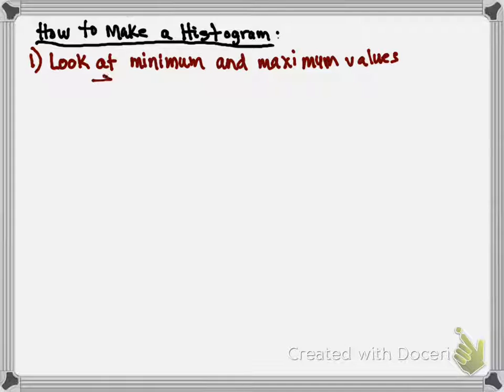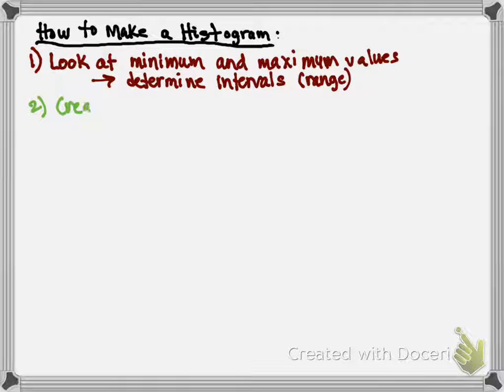So we're going to determine intervals, and with those two guys, it's going to be a range. Okay. So that's going to start me off. Then I'm going to create a frequency table.